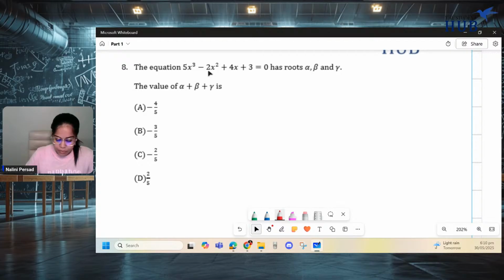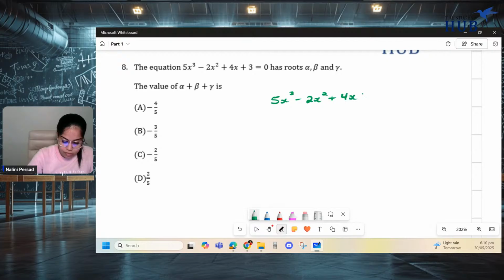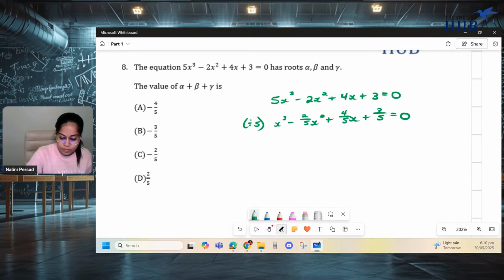So a couple ways. This is your cubic. I could divide by 5 throughout. I'll get x cubed minus 2/5 x squared plus 4/5 x plus 3/5. Right? I divided by 5 throughout.